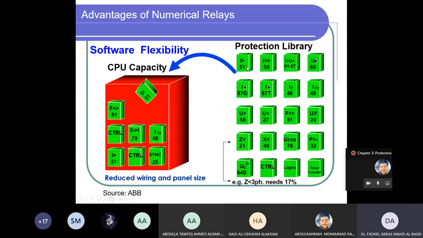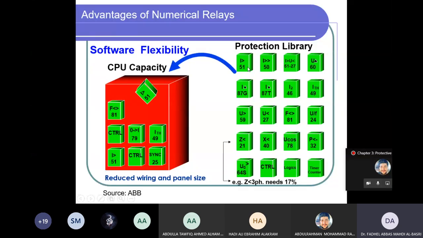Anyhow, we have a library of protection functions, and you can choose which ones we want to activate within this relay. It's just a matter of how much you can add. Your only limitation is the memory within the relay.